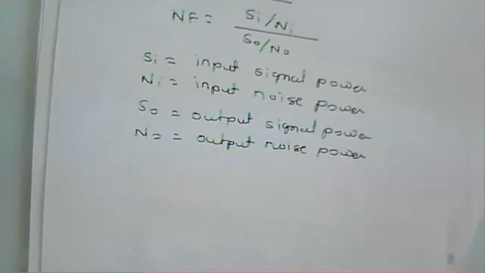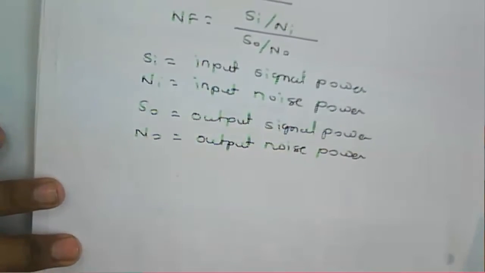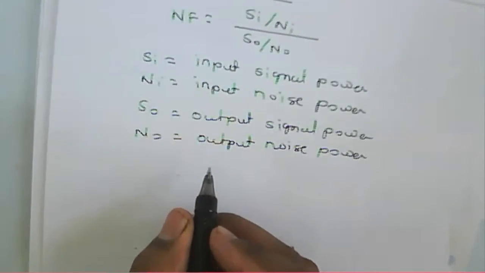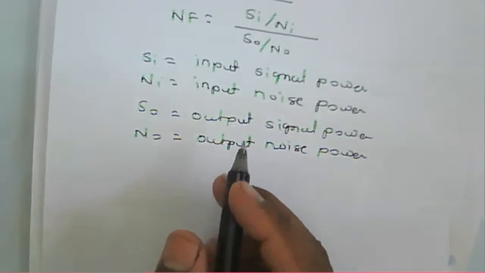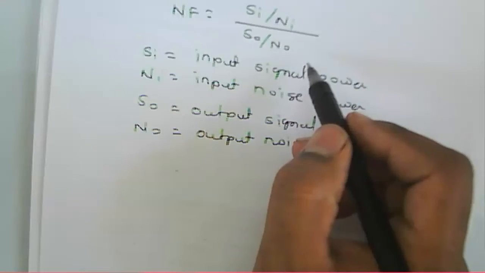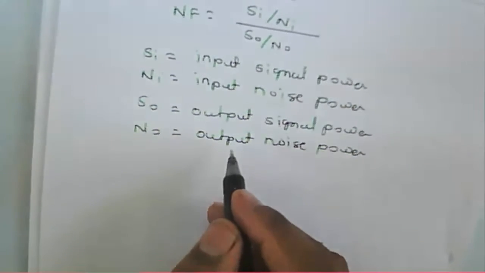Now this gives us the noise figure, and that will be the signal to noise ratio at the input side or at the output side.